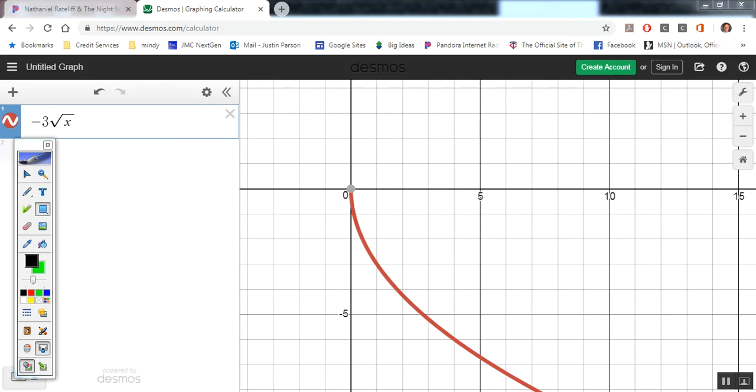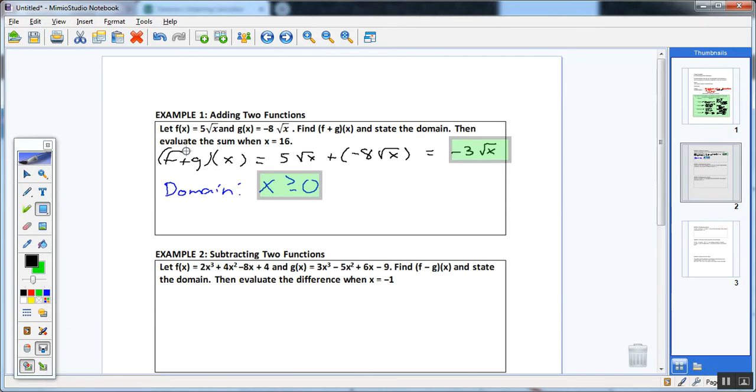All right, and then the last thing here, kids. It says to evaluate the sum when x equals 16. Basically, they're saying evaluate f plus g of, what are we plugging in for x, kids?